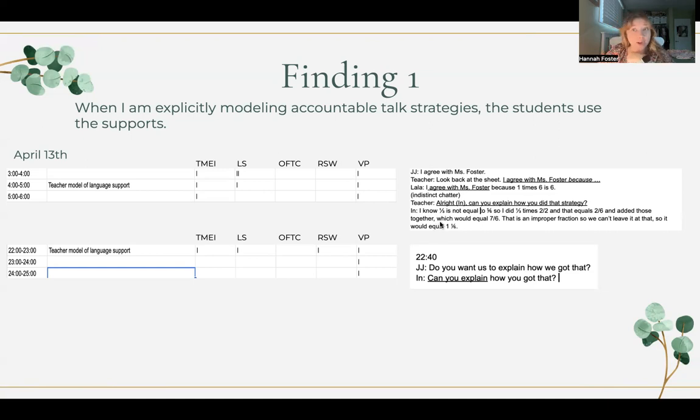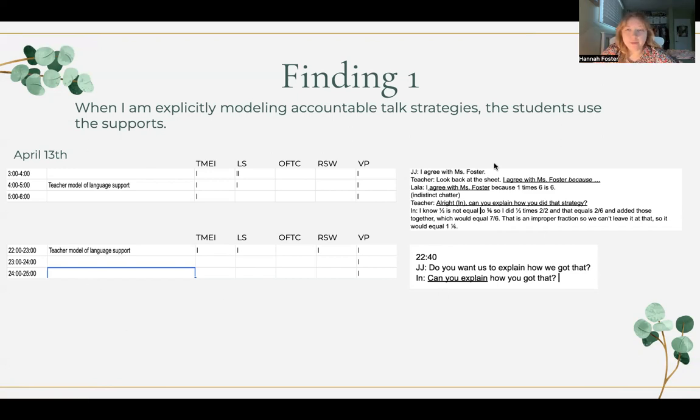And In is a very quiet student. He's a very smart student, but has a little bit of trouble jumping in and feeling when he should start talking. So this was a great way for him to see how he could add his own discussion using these accountable talk strategies.